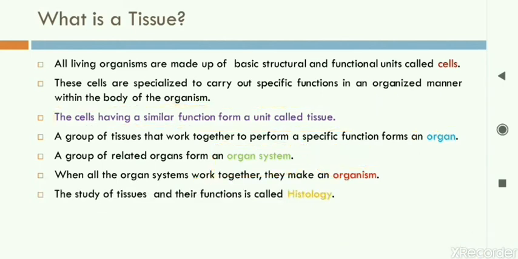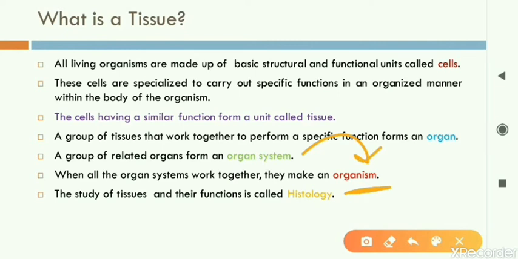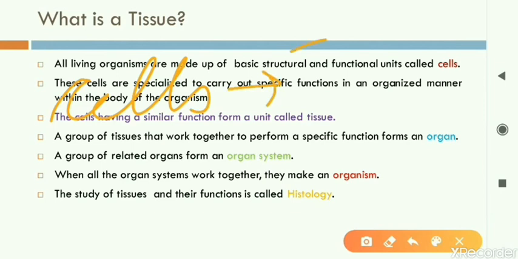Followed by that, we have the organism. How is the organism made? It comprises different types of organ systems. For example, human beings have different kinds of organ systems: a respiratory system, digestive system, excretory system, and so on. So different organ systems combine together to form an organism. So the smallest level is what? Cells performing similar function is called a tissue.